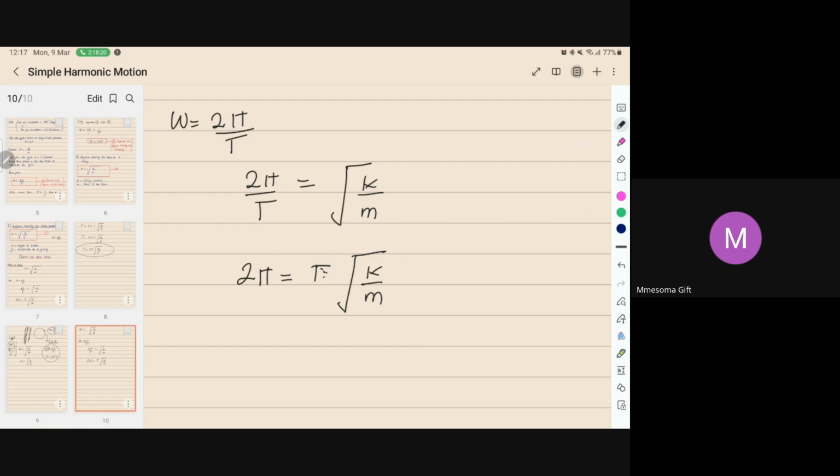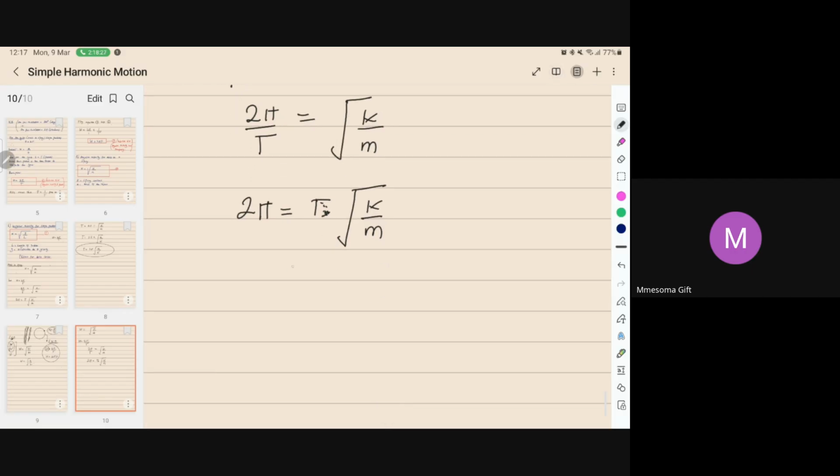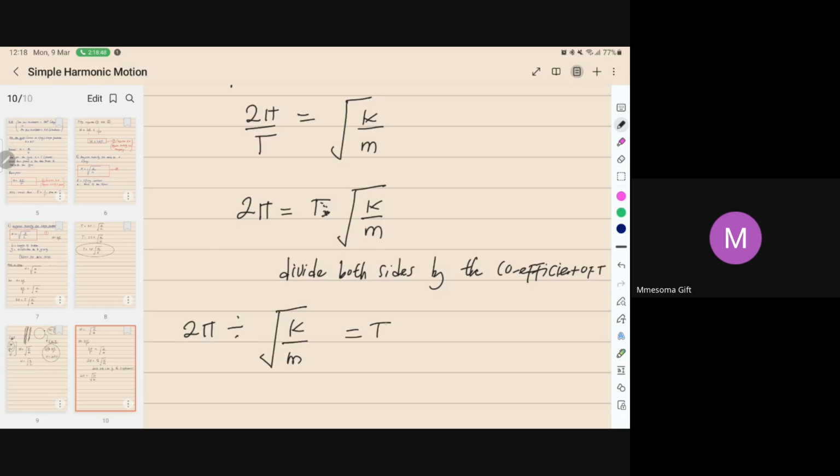Make T the subject of the formula. How do you make T stand alone? Is it not to divide both sides by the coefficient of T? And when you do, you're going to have 2 pi divided by square root of k over m is equal to T, because this will divide itself and give us only T.